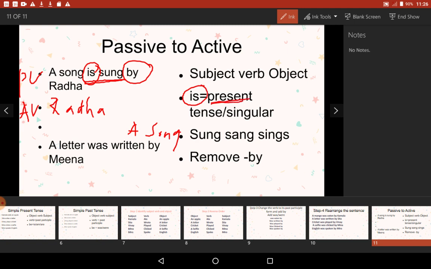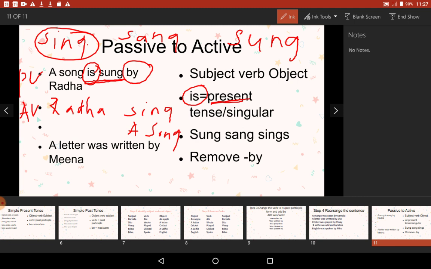So we know the different forms of this word: sing is present tense, sang is past tense, and sung is past participle. So by looking at the auxiliary verb, we know that we have to write the present tense form of sung. Now what is the present tense form of sung? It is sing. So here in the sentence we have to write sing.